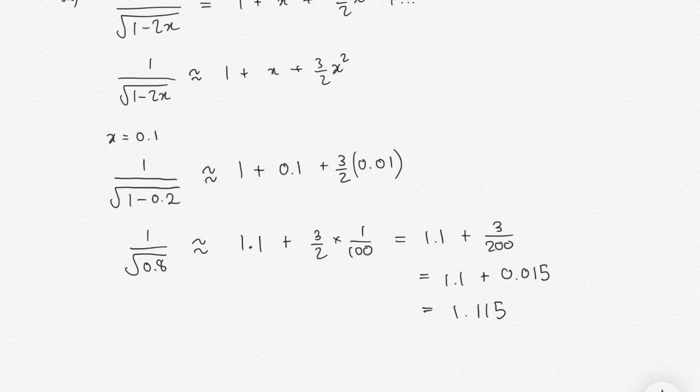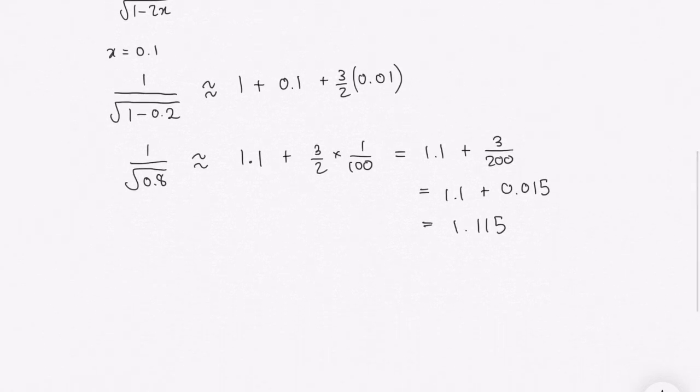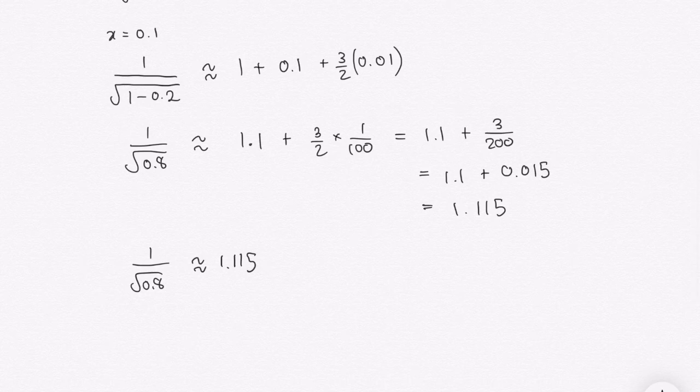It shows that we can start calculating approximations of square roots without having to resort to our calculator. So what can we say? We can say that 1 over the square root of 0.8 is approximately equal to 1.115. But in part 2 we showed that it is equal to root 5 over 2.